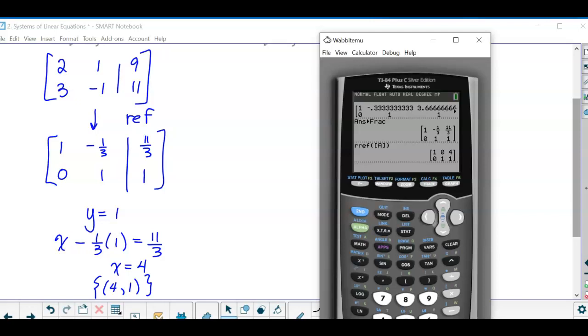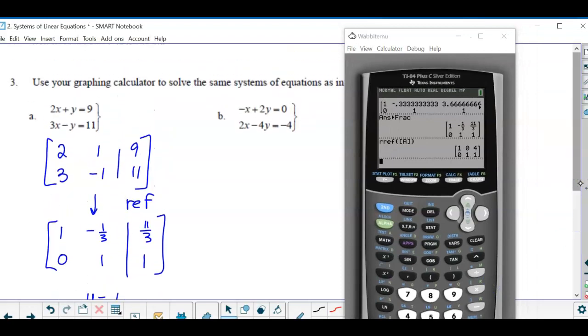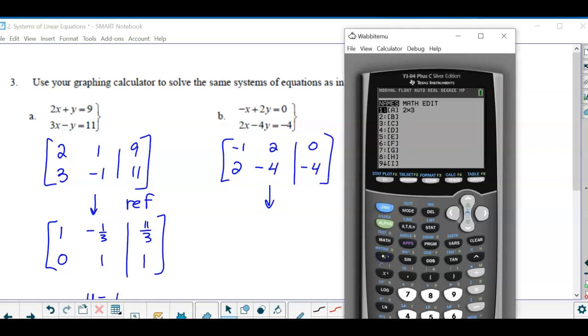Okay, so you do the next one, see what it looks like when you use that in the calculator. Because we know one is no solutions, the next one is no solutions, and the one after that is infinitely many. So you can just change the first one because they're very similar, right?